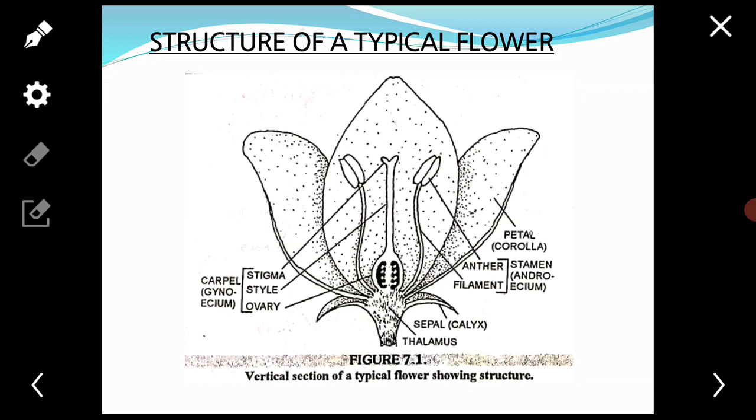One of the most characteristic features of angiosperms is the formation of their reproductive organs in the form of flowers.